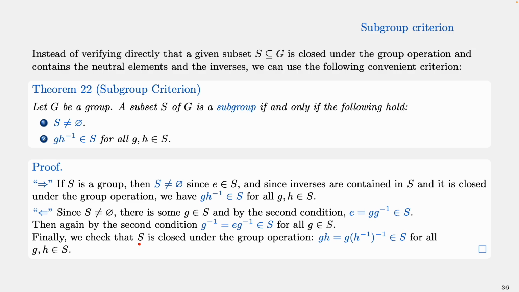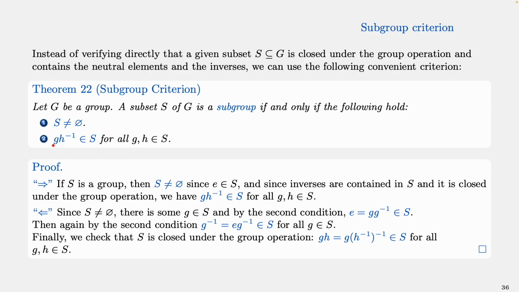Finally, we check that S is closed under the group operation. So we take any two elements g and h from S and want to show that the product is again in S. Now we know from what we just showed here that for h, the inverse is also contained in S. So we can write h as h inverse inverse.